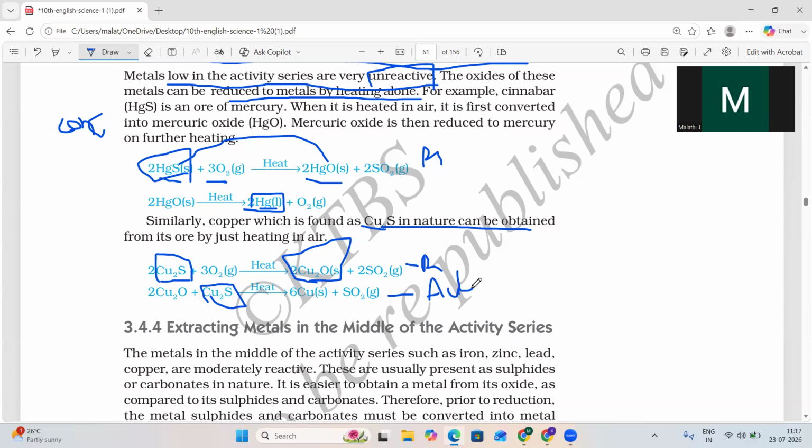Within the reaction, oxygen will be removed and it will be converted into the metal. So this is called auto reduction. This is very important. Why are we using copper sulfide here to remove the oxygen? What is the role of copper sulfide here? It is used as a reducing agent to remove the oxygen from the copper oxide.